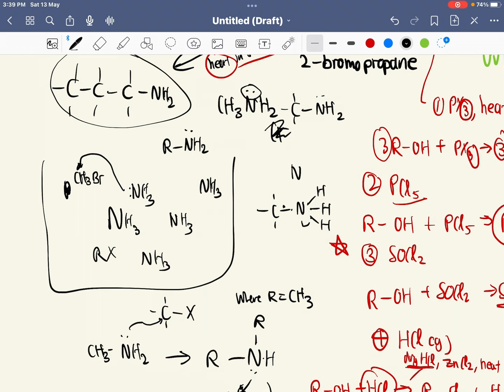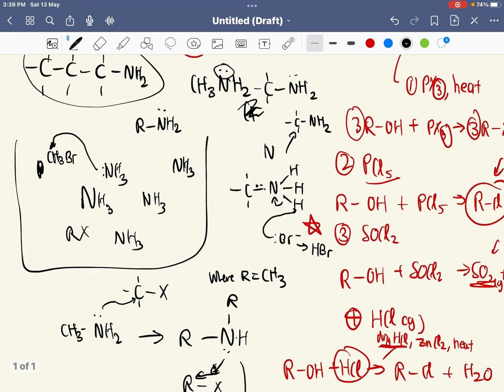Yep, so because of the bond pair electrons here, heterolytic fission here, so then our Br minus will be attacking hydrogen to form my HBr. And then I will get, sorry for the mess here, it's very messy, I know, a primary amine here. Yep, so that's how it works.